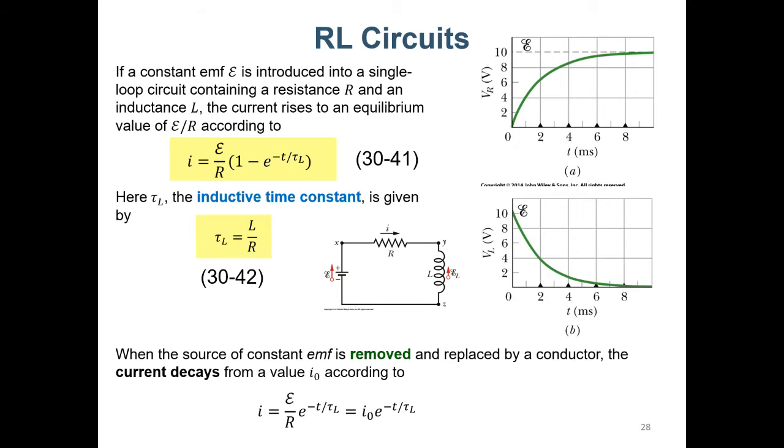There will be no voltage drop, but there will be a current, which is actually E over R, because as t tends to infinity, this term will be 0. So I will be E over R.